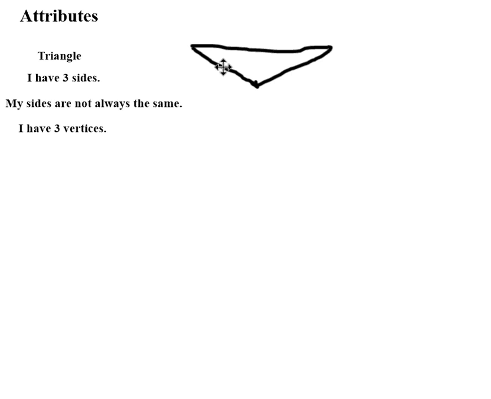Do I have three sides? One, two, three. They're not all the same, are they? This side right here is a longer side, but do they have three vertices? Let's count. One, two, three. Yes, they do.